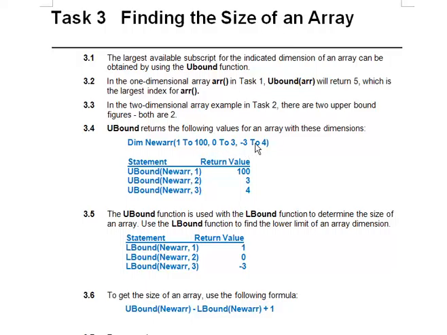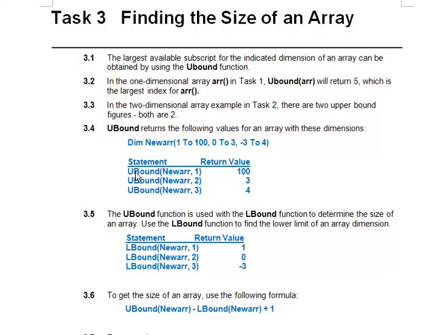Okay, let's forget how we define that, but if that's the kind of subscript for each array, then the upper bound of this array for the first entry will be 100. Sounds good. And the upper bound of this array in the second entry is 3, not 4, and for the third one it's just a 4, not 7 or 8, whatever.